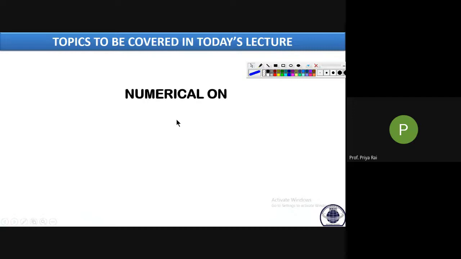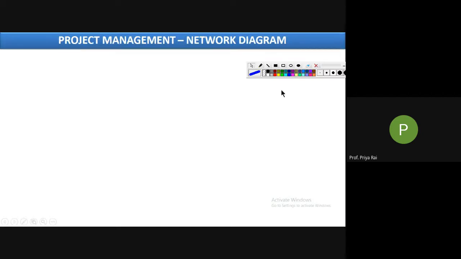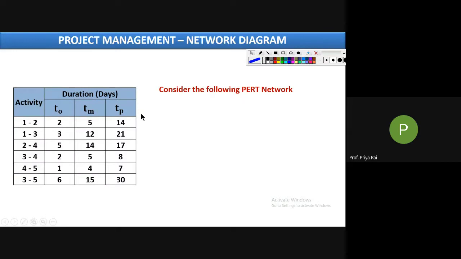Today we will be solving one network diagram based on PERT. The type of question you may face in the exam is like this: consider the following PERT network. If they don't say whether it is CPM or PERT, we can simply see this table and identify which one it is.